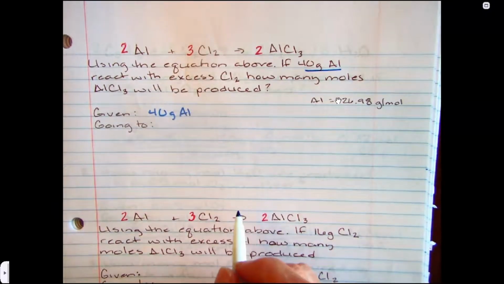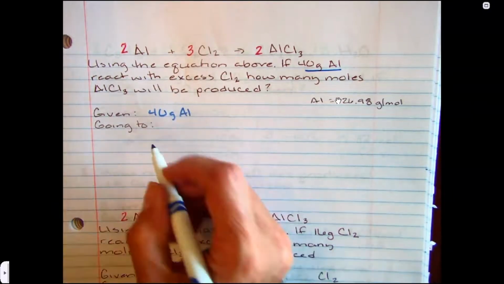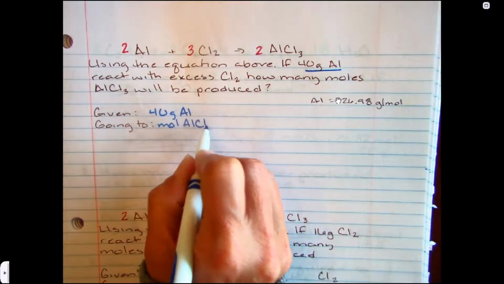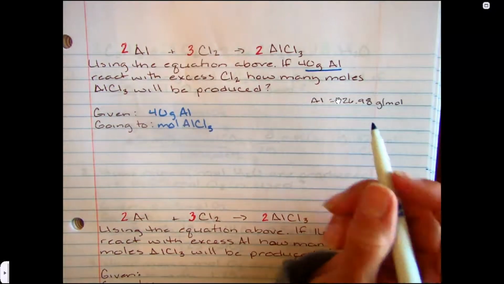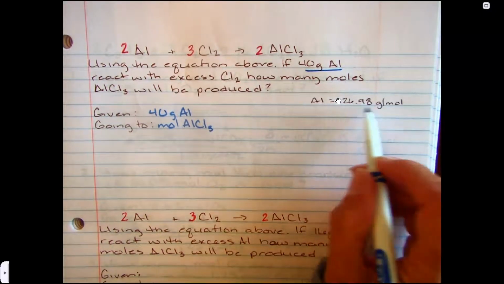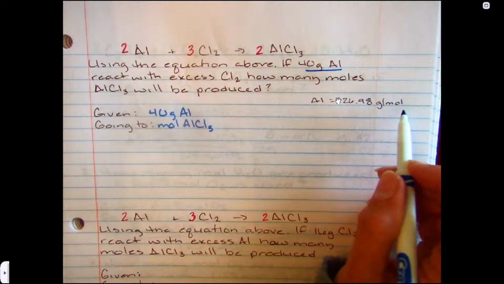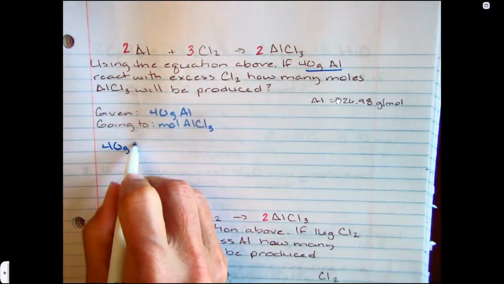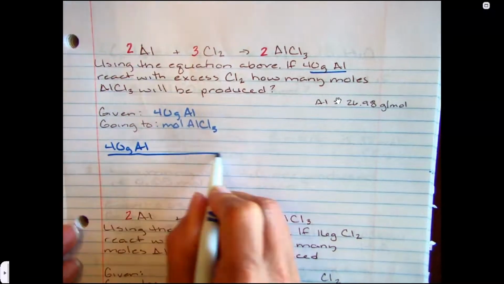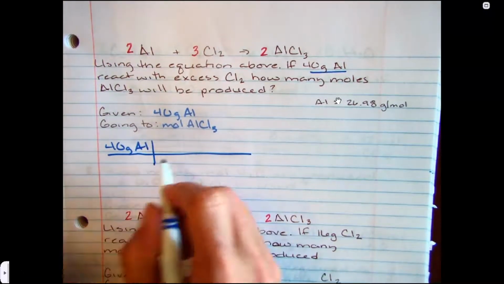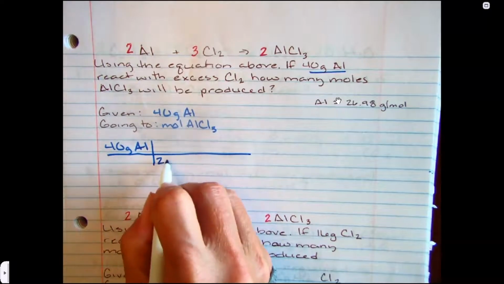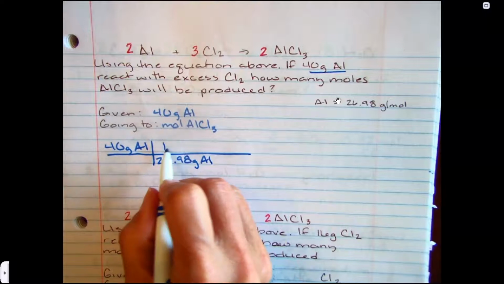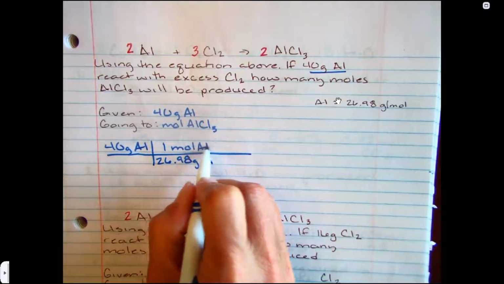It's reacting with excess carbon, and they want to know how many moles AlCl3 are produced. The molar mass of Al, remember, is just the number off the periodic table. So we set up our chart, 40 grams Al. Now we're going to convert it to moles. So 26.98 grams Al is 1 mole of Al.